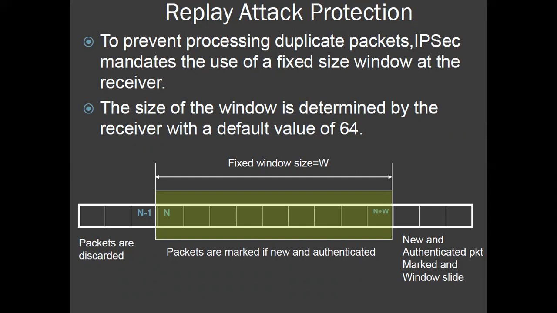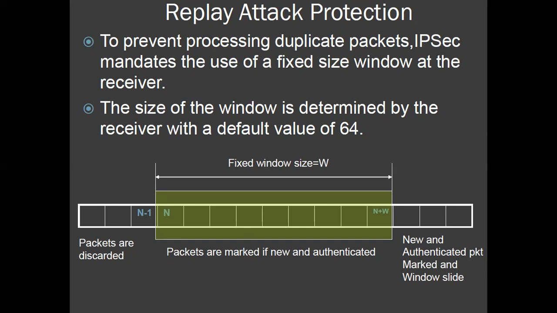The shaded packets signify received packets that have been checked and authenticated. Here you can see these packets from N to N plus W. These packets are marked and they are authenticated packets. There are three cases here.